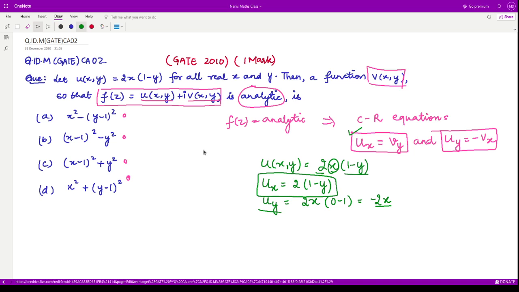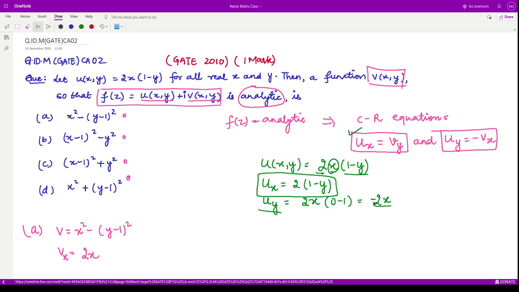Now for each of these options, let us compute v x and v y. For the first case, we have v to be x square minus y minus 1 whole square. Let us compute v x first, the partial derivative of v with respect to x, which would be 2x. Now according to the condition, this v x should be equal to minus u y.